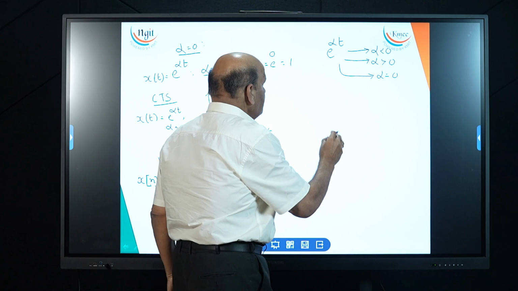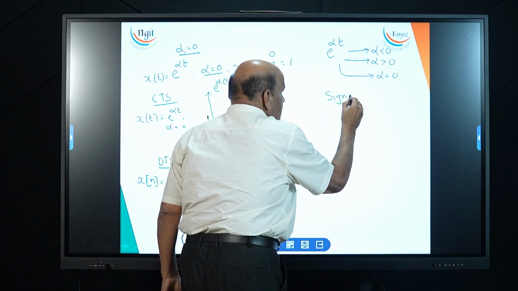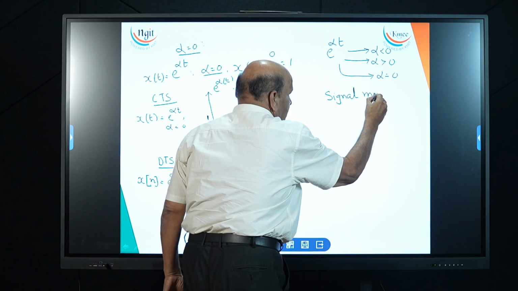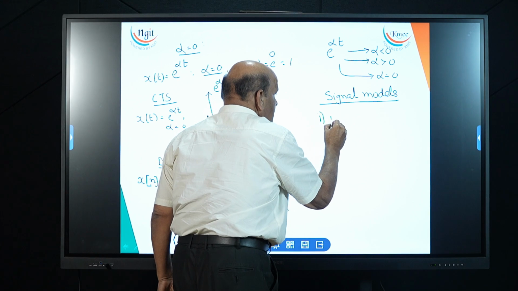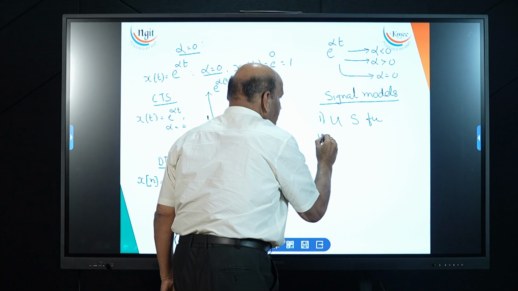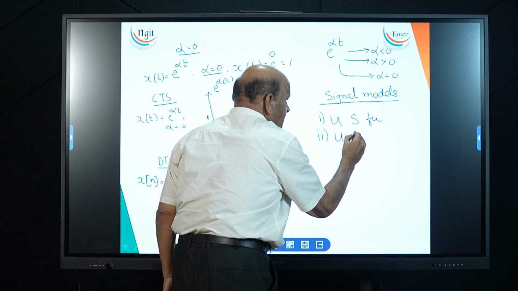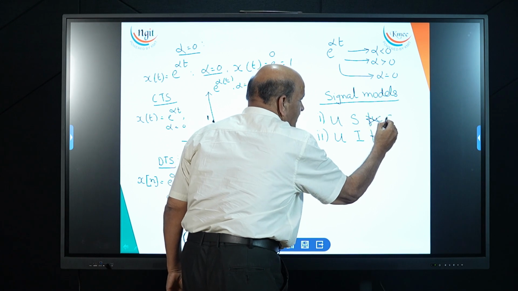Now, under signal models, we discussed the unit step function, and in the second case we discussed the unit impulse function. Function means signal.